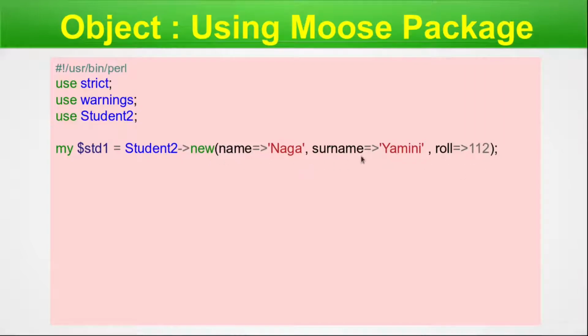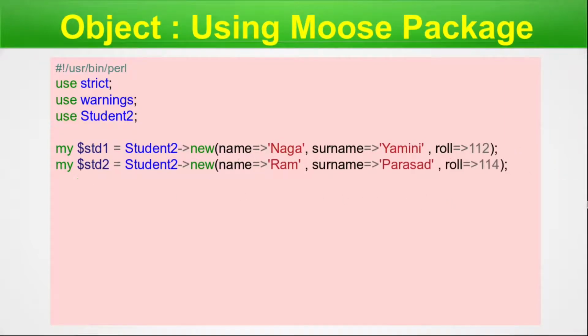We just write it, and it is saved as an object by the bless function, with everything defined inside Moose. We don't have to care about it. This is a very straight way: just 3 or 4 lines of code for creating a class, and then in one line you create the object. Next we create the second object here.